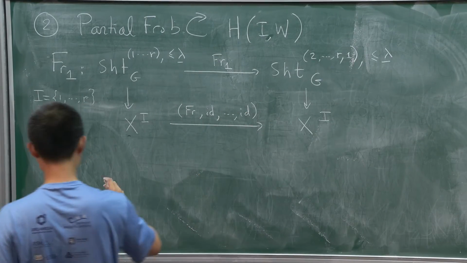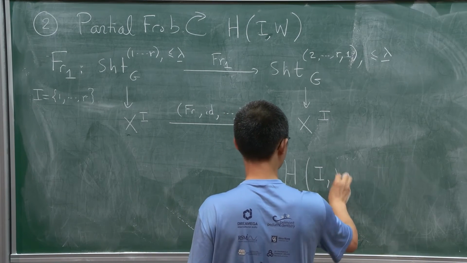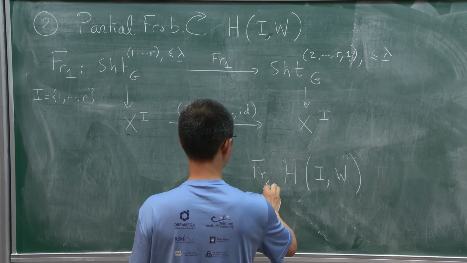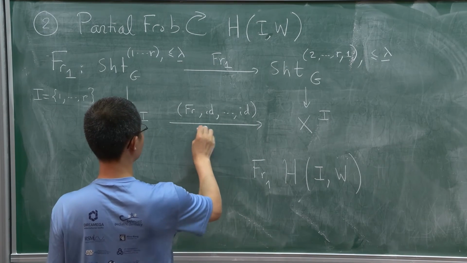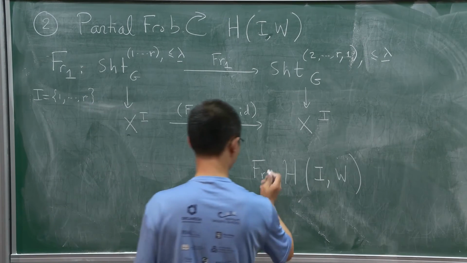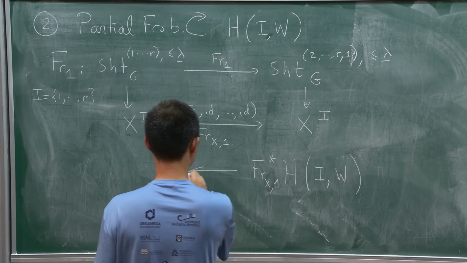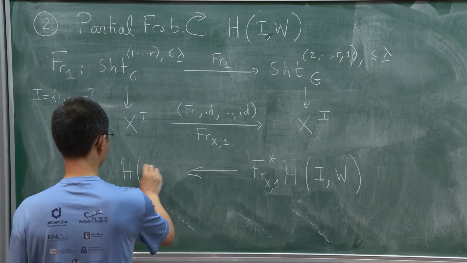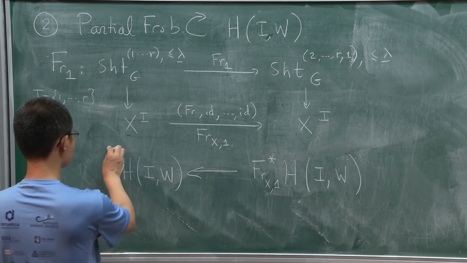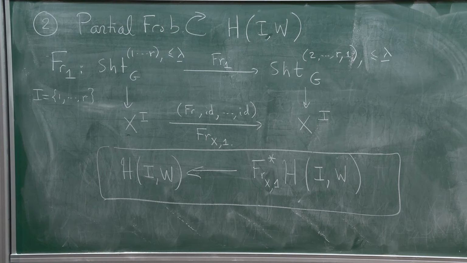If you just chase the diagram, you will get a map from H I W for X1 mapping to the same H I W. So this is the cohomological consequence of the partial Frobenius.